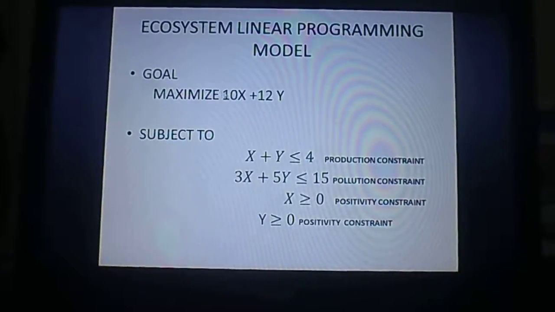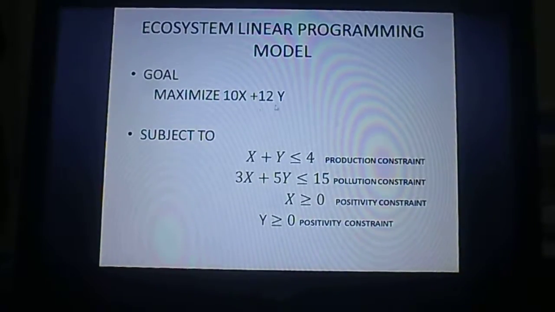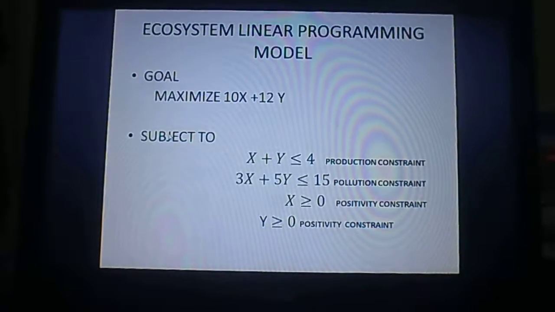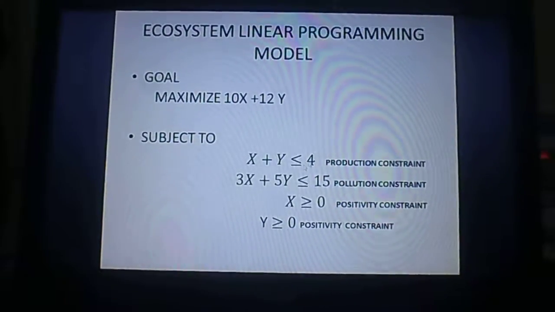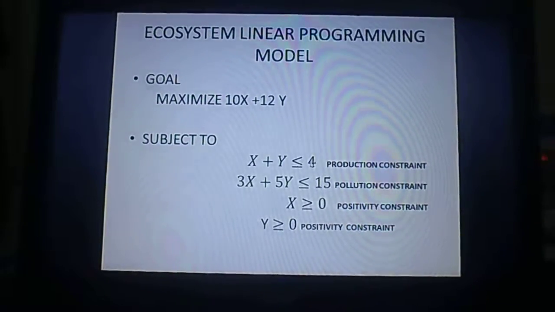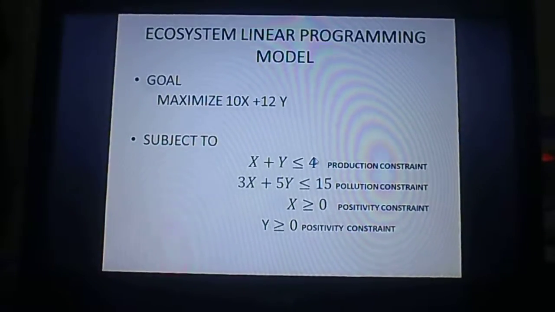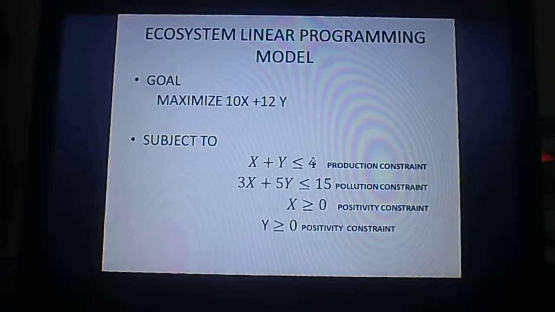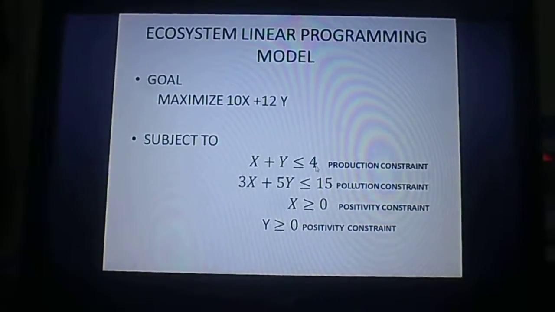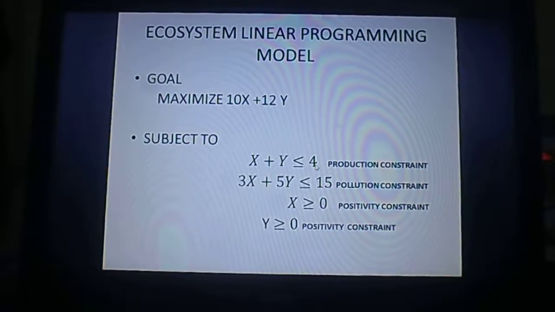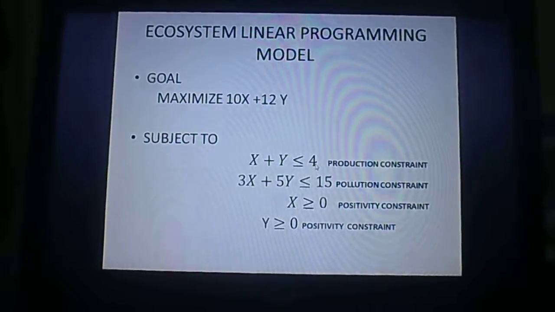The goal of maximizing 10x plus 12y, therefore, is subject to a production limitation of only 4 units of the fuel to be processed.